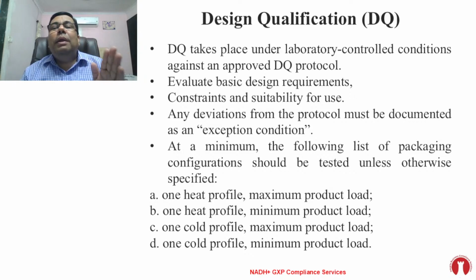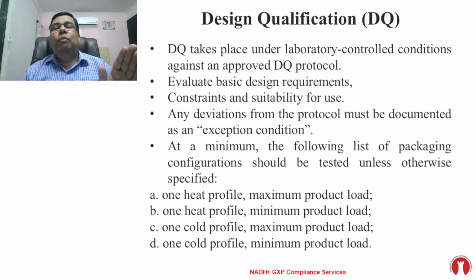Then what do you have to do under the DQ? You have to evaluate the basic design requirements, that whatever designs are there, they are suitable for you. Any constraints that are there, you also have to evaluate. Any deviations that are there, you have to document. And at a minimum, the packing configuration should be tested in the DQ. So what do you have to test?